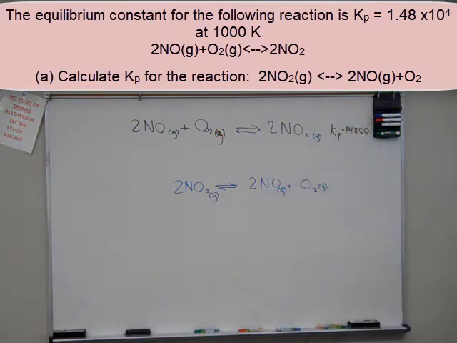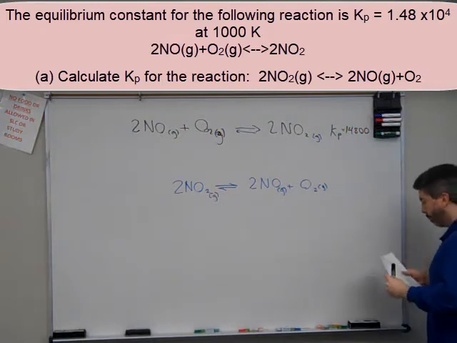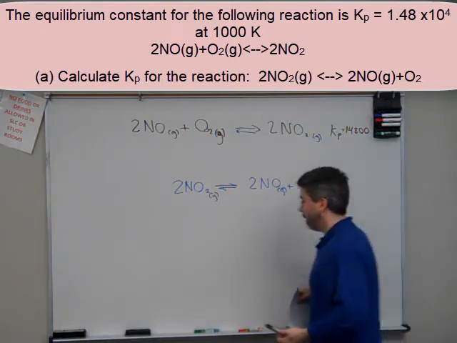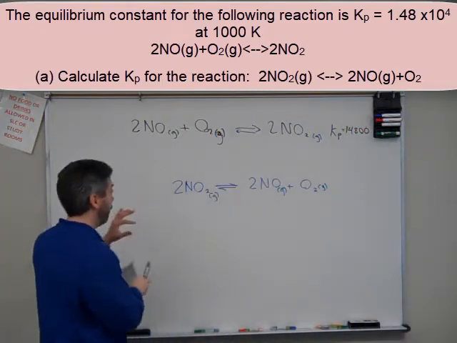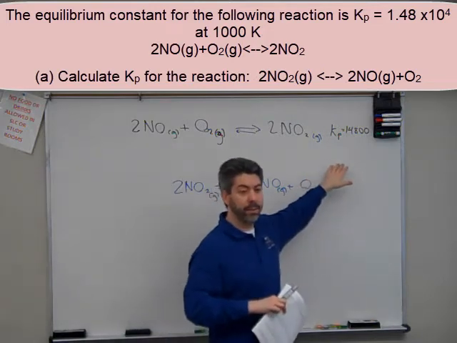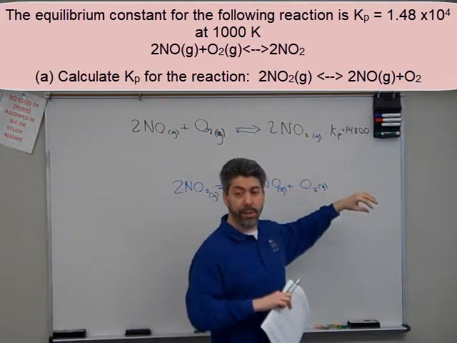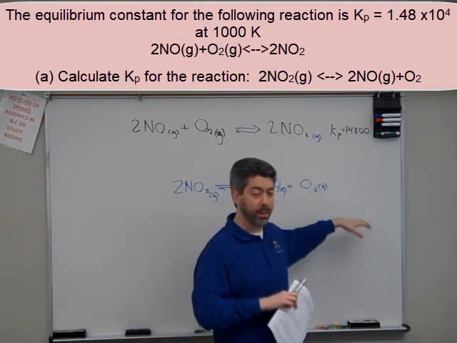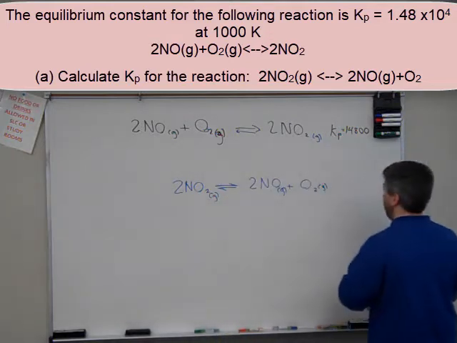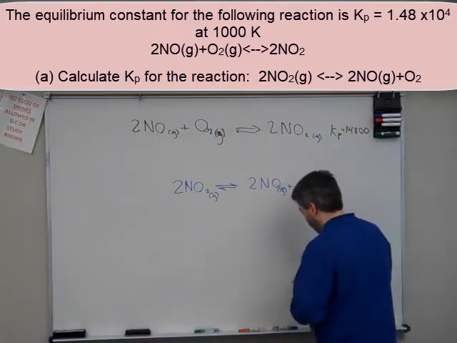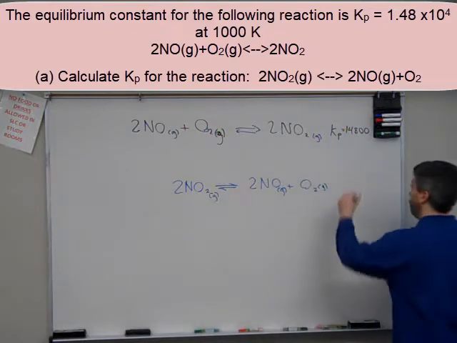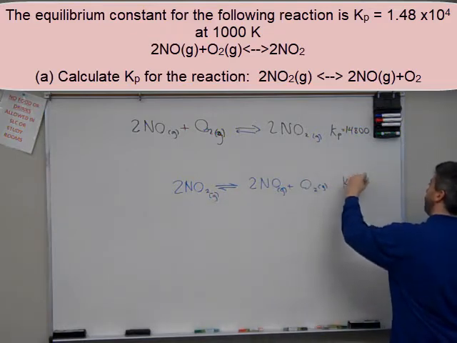Now one way to see this clearly: if you flip the reaction, what are you going to do to the K? You're going to flip it. So it becomes 1 over 14,800. Exactly. So the Kp for the new one is going to be 1 over 14,800.